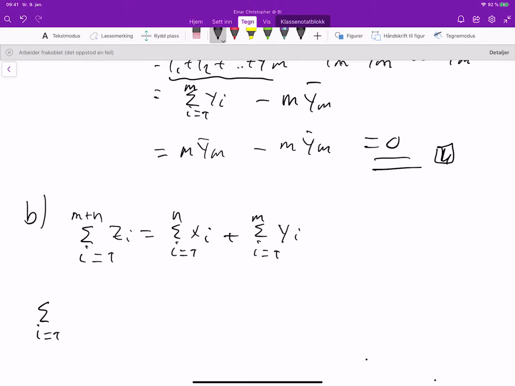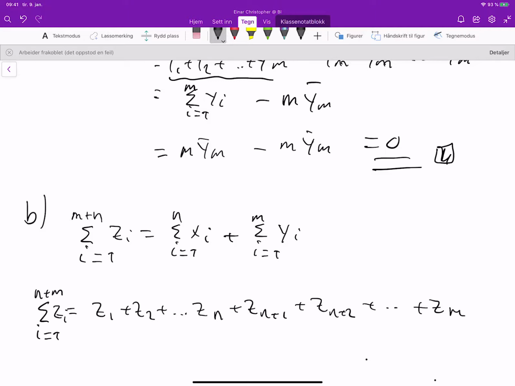The sum i equal 1 to m plus n of set i is actually equal to set 1 plus set 2 plus ... set n plus set n plus 1 plus set n plus 2 plus ... set m.